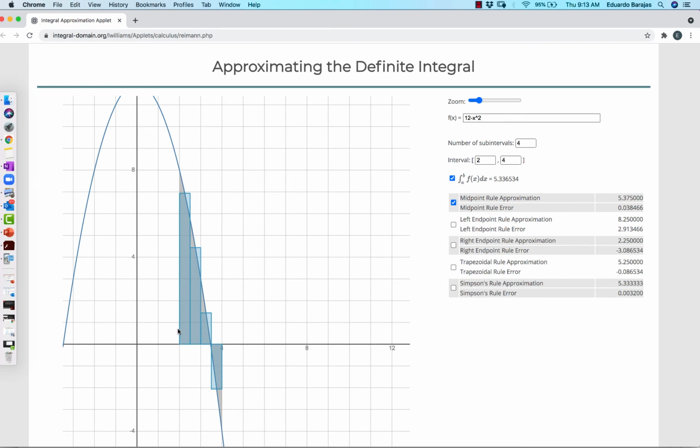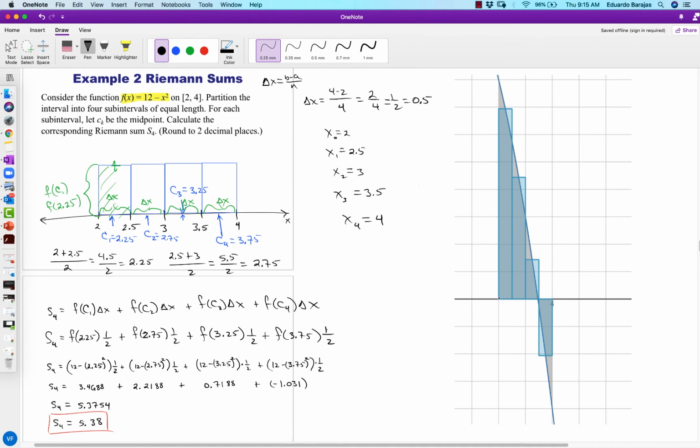And each one of them, the height is determined by evaluating our function at the various c sub 1 points. So this ranged from 2 to 4. The center of this first rectangle that we used to establish the height, that's c sub 1, that's the c sub 1 value from over there, 2.25.